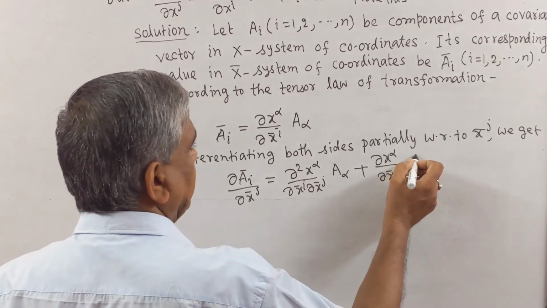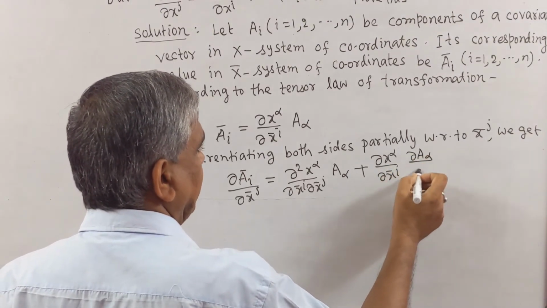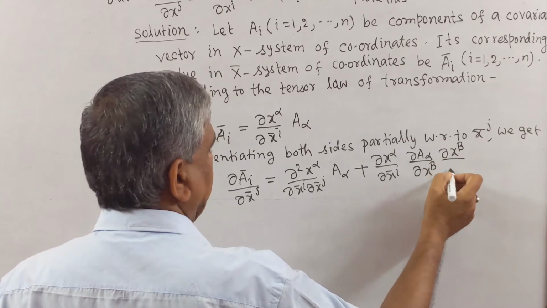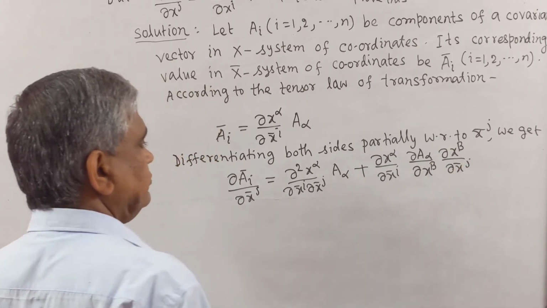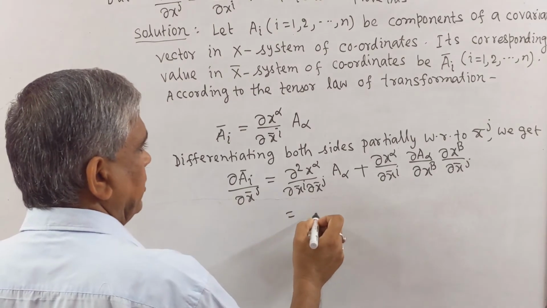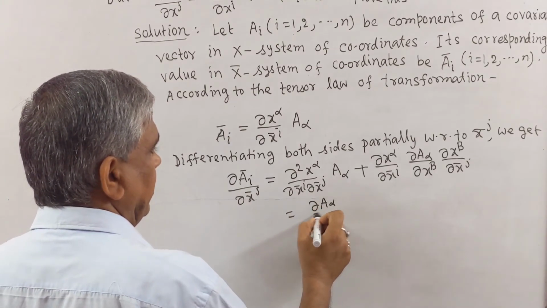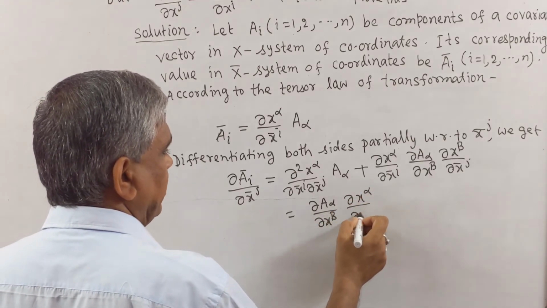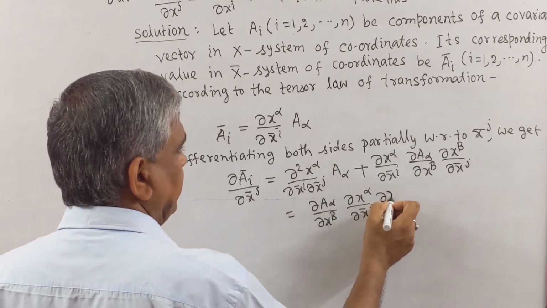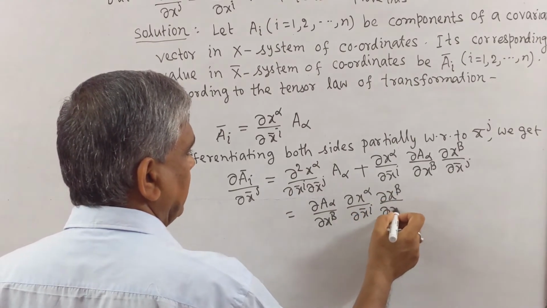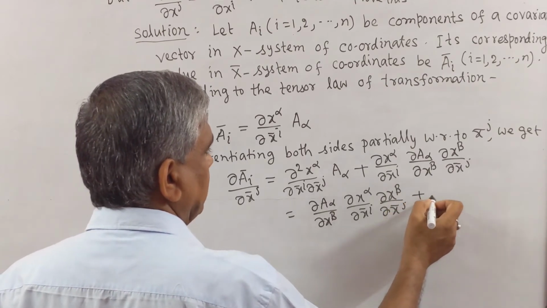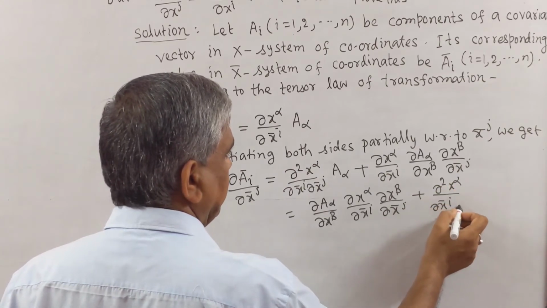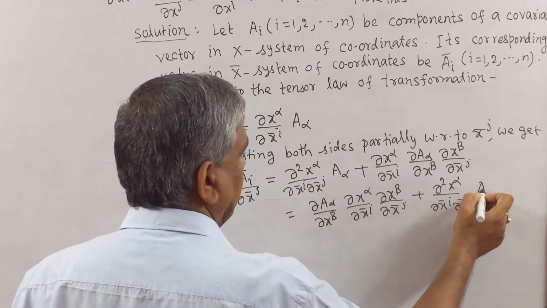So we write here del a alpha by del x beta, del x beta by del x bar j, equal to, we may write del a alpha by del x beta, del x alpha by del x bar i, del x beta by del x bar j plus del 2x alpha by del x bar i del x bar j, a alpha.